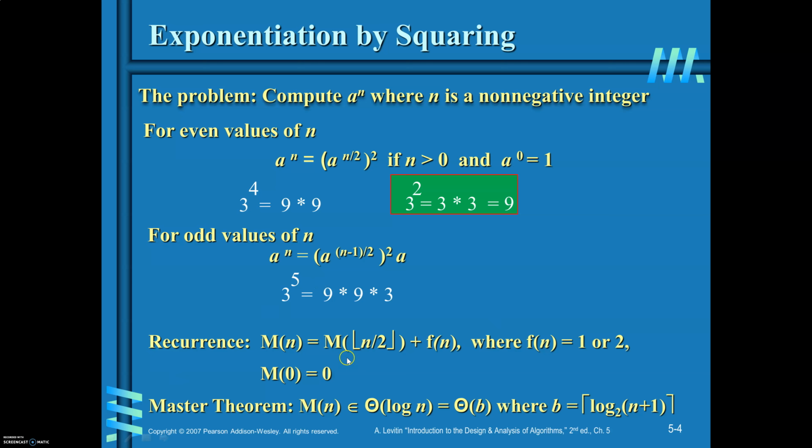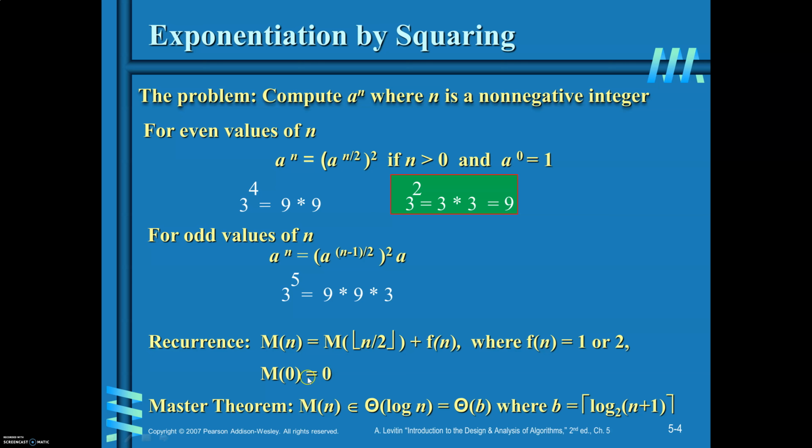So in general you are required to find the number of multiplications in order to find a power n. So in order to find a power n, you need to know what is a power n by 2.